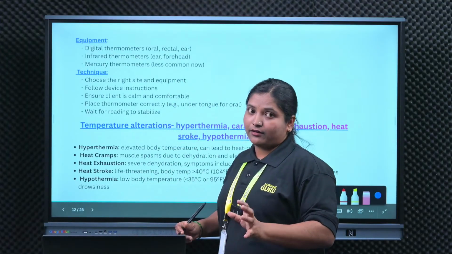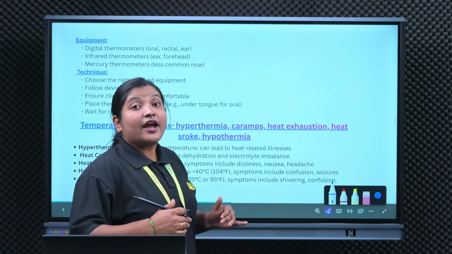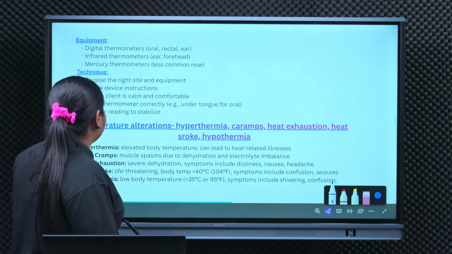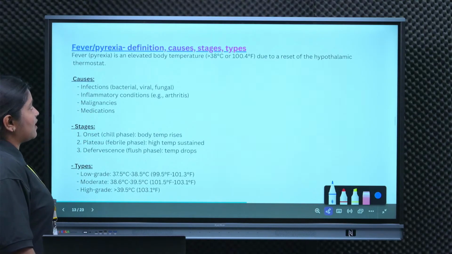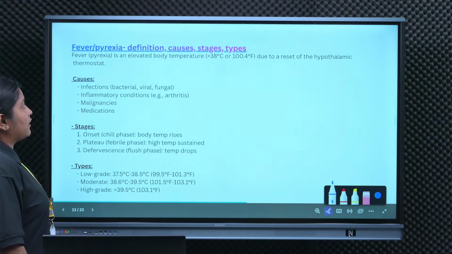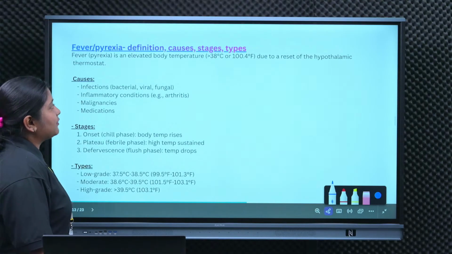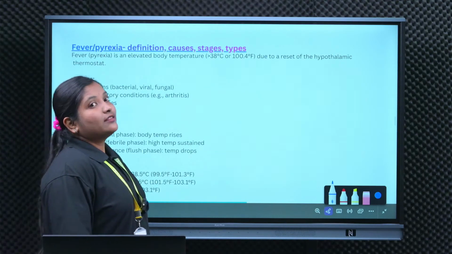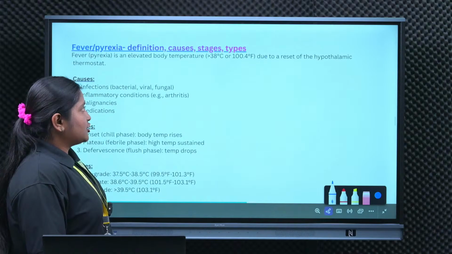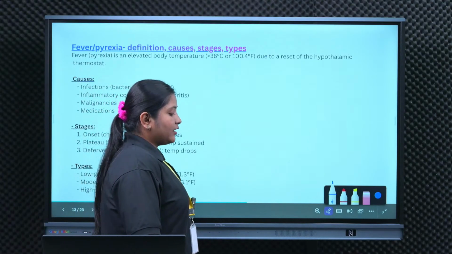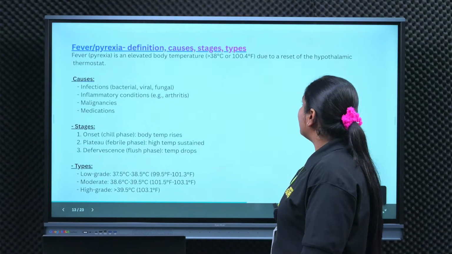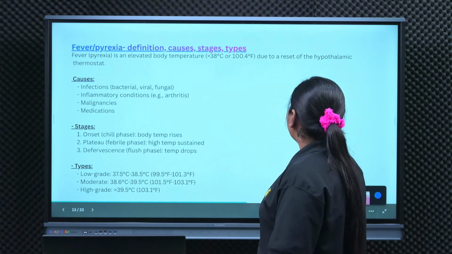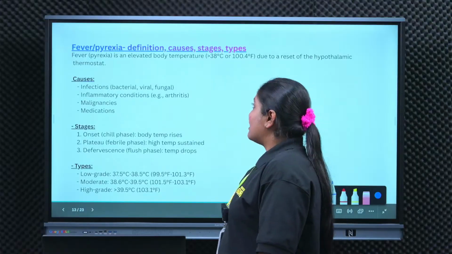Next we can see fever or pyrexia. Fever, as we already know, is an elevated body temperature of more than 38 degrees Celsius or 100.4 degrees Fahrenheit, due to the resetting of the hypothalamic thermostat.